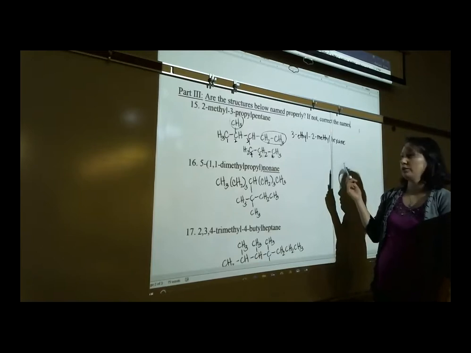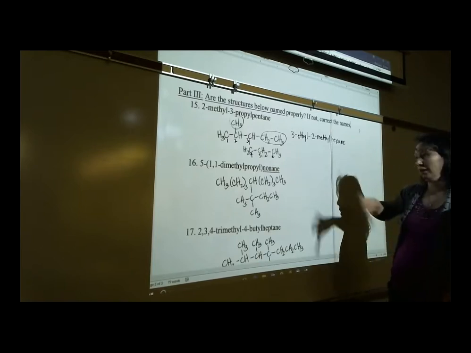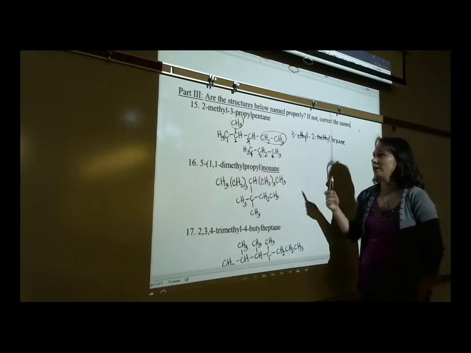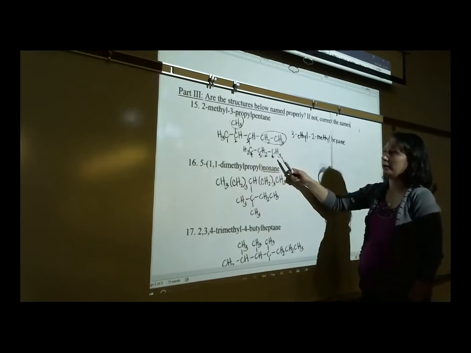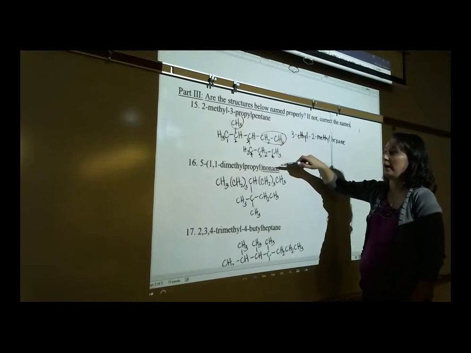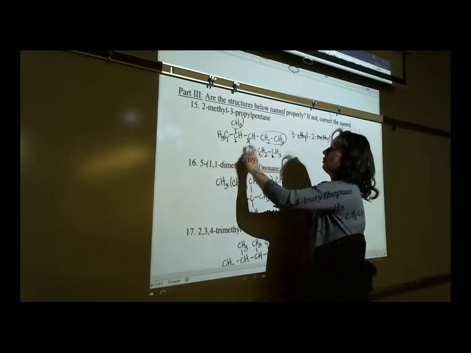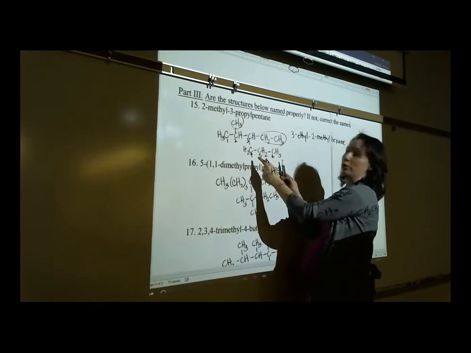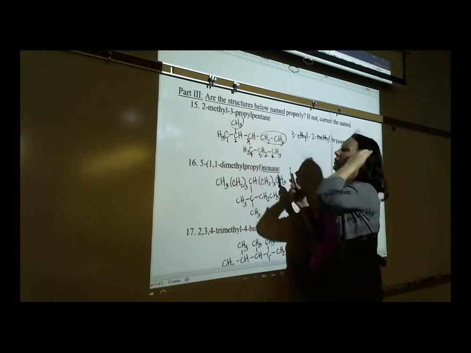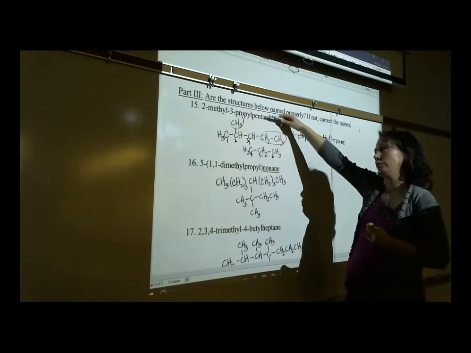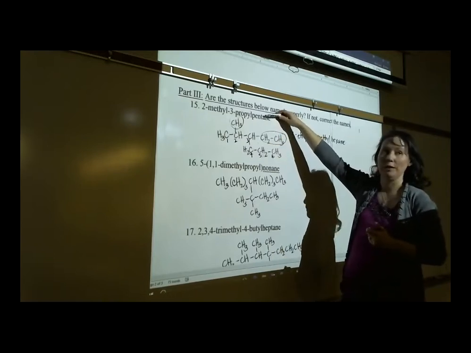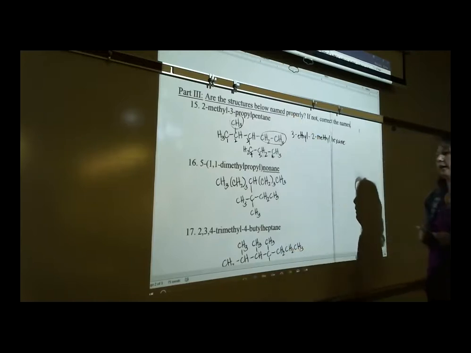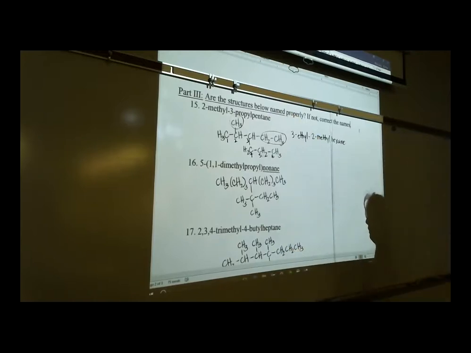Sometimes even more than that, if there are lots of scary, crazy substituents. And that obviously makes it worth 1 point if you just misidentified the parent chain but your substituents are correct, right? Because this student said 1, 2, 3, 4, 5. Based on numbering it this way, that would be a propyl group, that would be a methyl group. So they applied the nomenclature rules correctly, they just misidentified the parent chain, so that'd be like a -1. Okay, let's see if this person gets this one right.